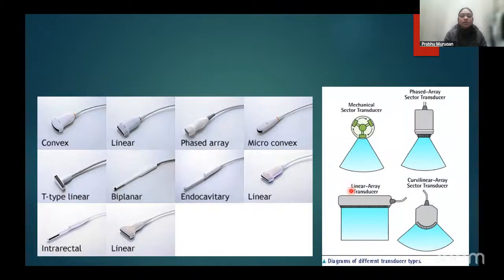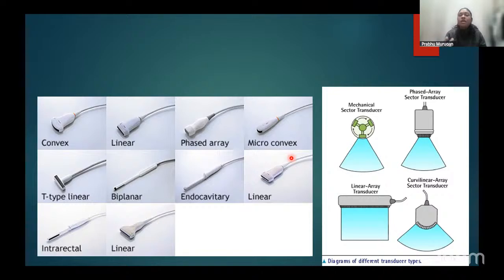So these are the different types of transducers, and mostly a smaller one, the linear or any kind of convex one, is used as an intraoral transducer also. The reason we use an intraoral transducer is, in case of oral submucous fibrosis, to look at the muscle anatomy, or in case of any muscle hypertrophy.